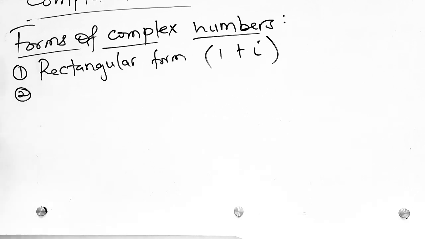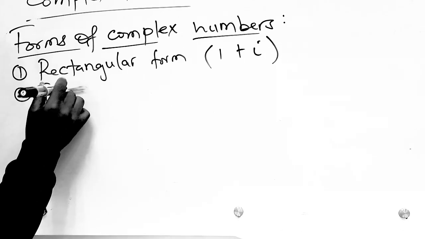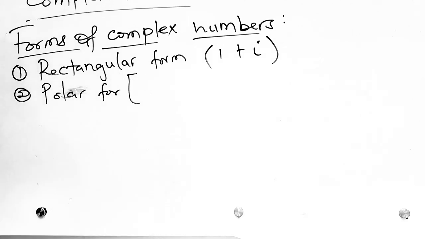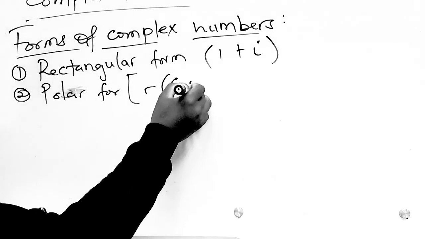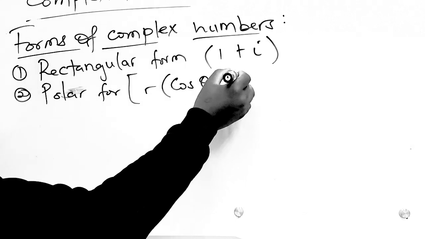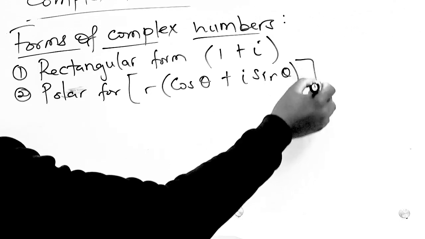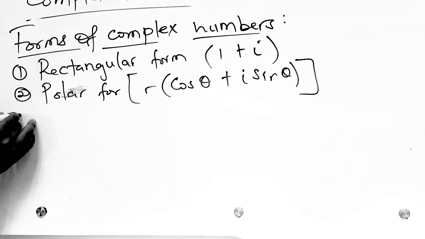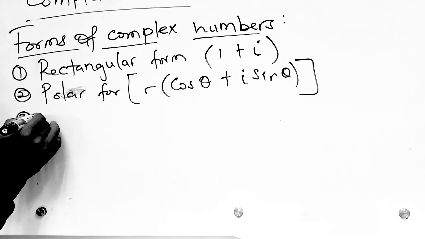Then we also have polar form. Polar form is in this form: r times cos theta plus i sin theta. Then we also have the third form, which is called exponential form.